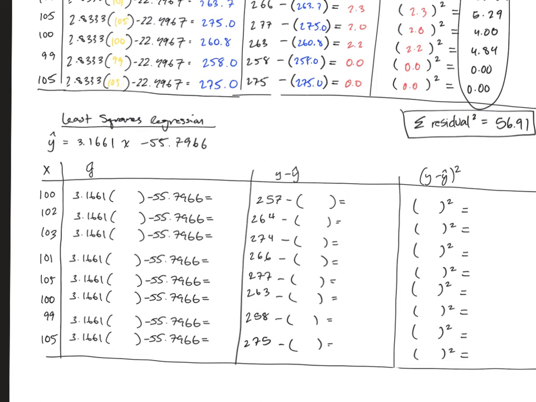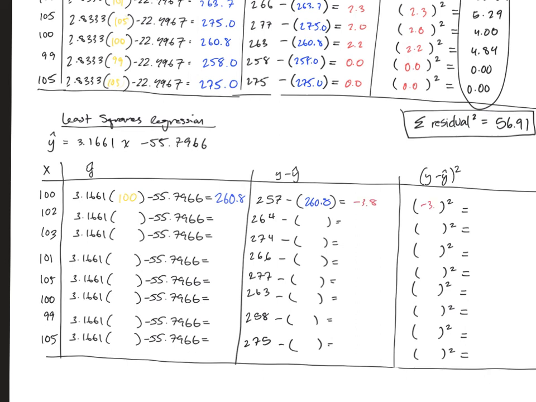So let's go ahead and I'll do the first one with you all. So we'll do the 100, plug that into our equation. And then calculating out the answer, we'll end up with 260.8. Plugging that in here, 260.8, that's going to end up equaling negative 3.8. Oops, let me change the color on that. I'm going to do red.